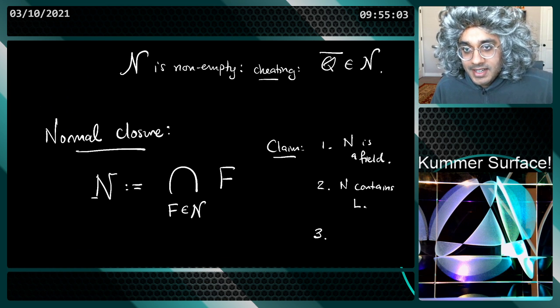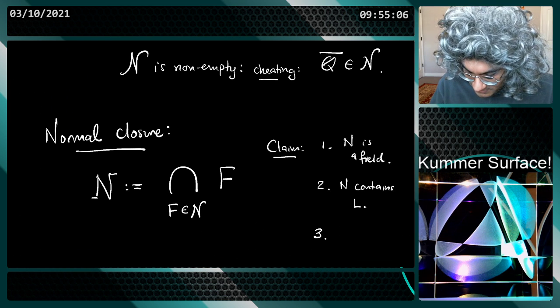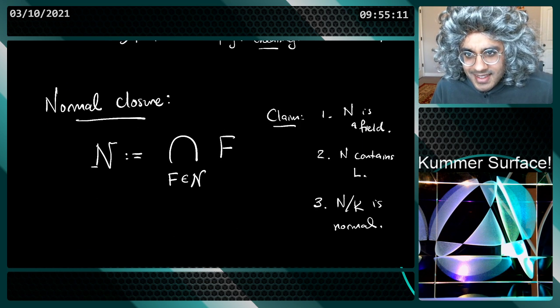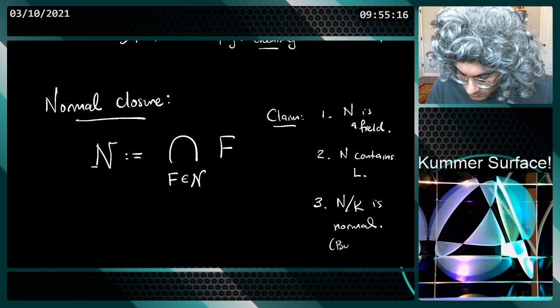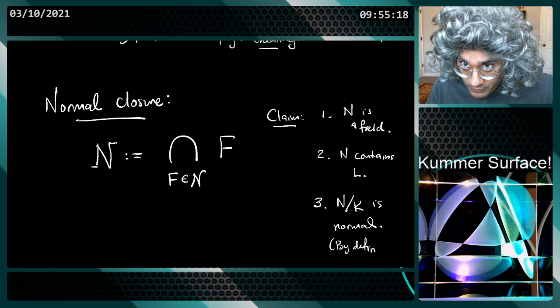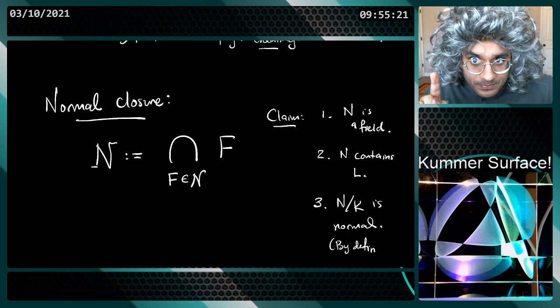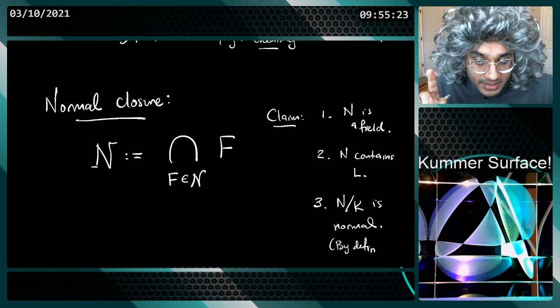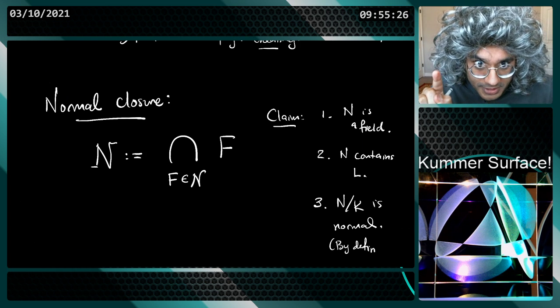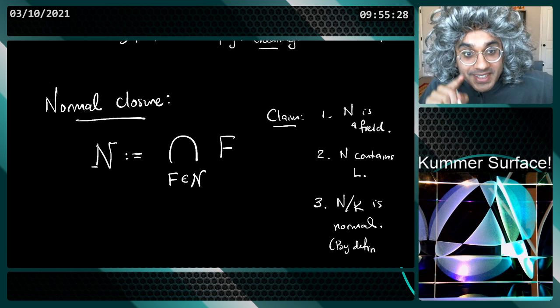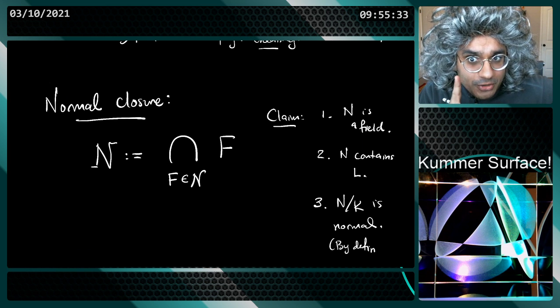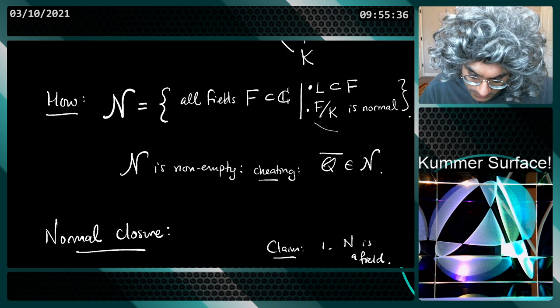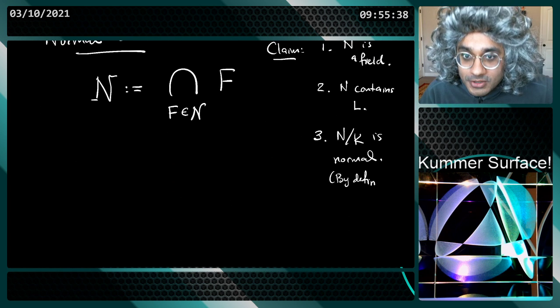3. It is normal over K. This is practice for unraveling the definition of normality. If you've got an irreducible polynomial over K, and it has one root in me, it's got all the roots in me. That's all you got to prove. But that's true about each of the F's, because they're each normal over K. So this is also obvious.